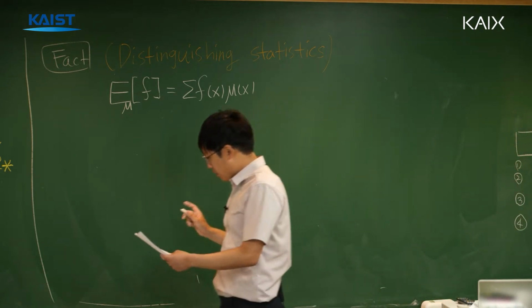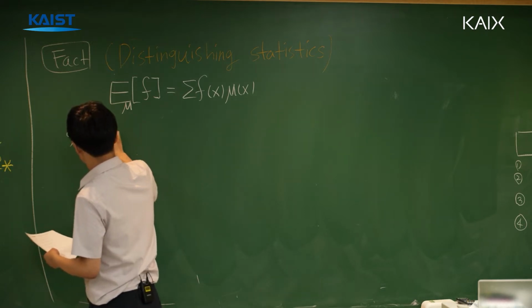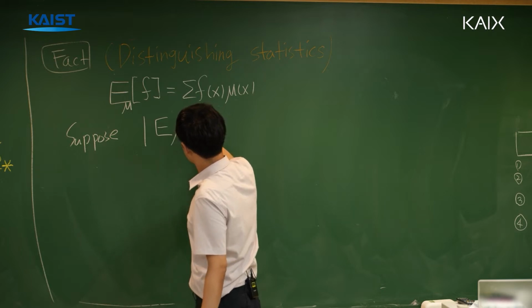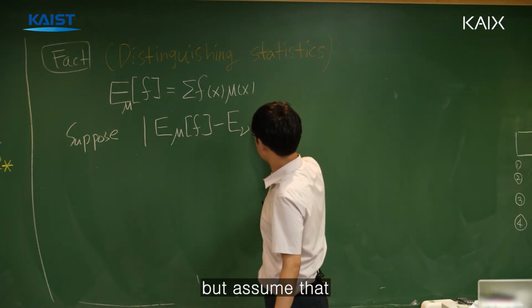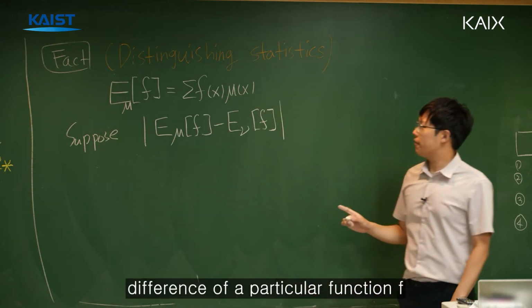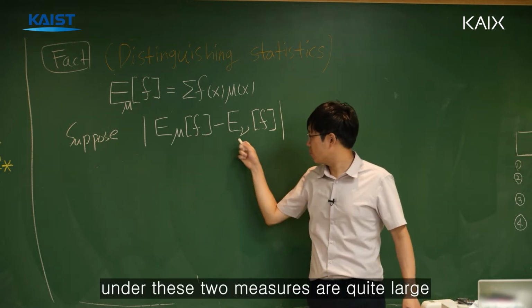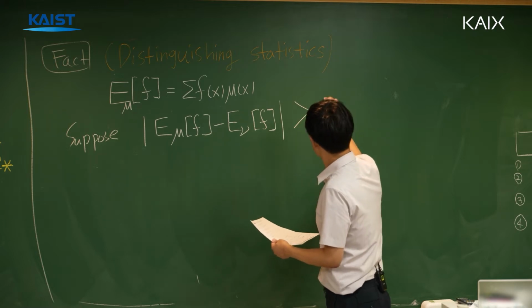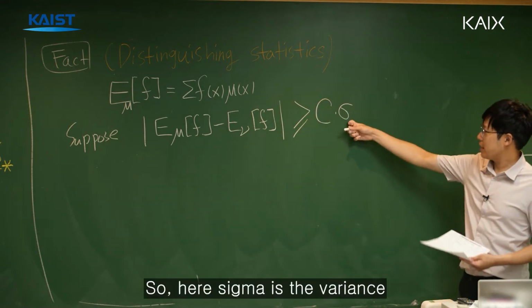Suppose we are given two measures, but assume that the difference of a particular function f under these two measures is quite large. So this is large. Okay. Here sigma is the variance.